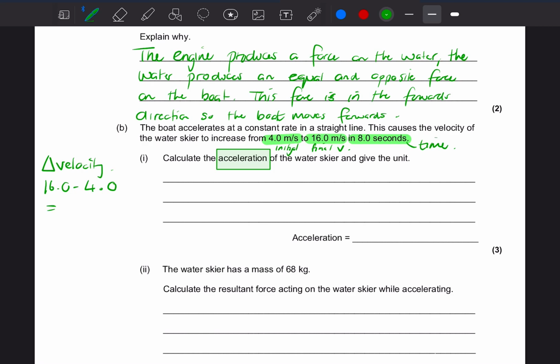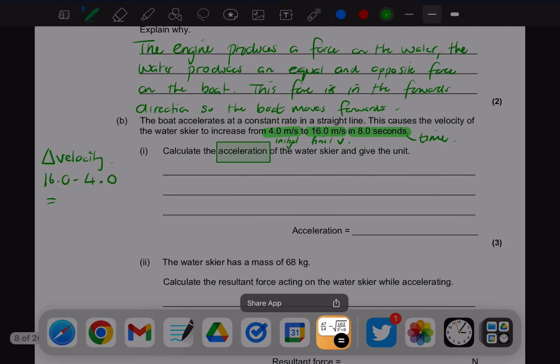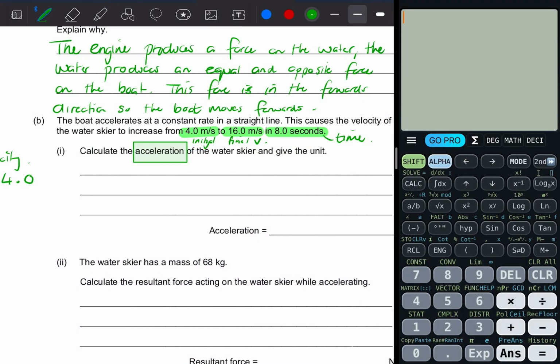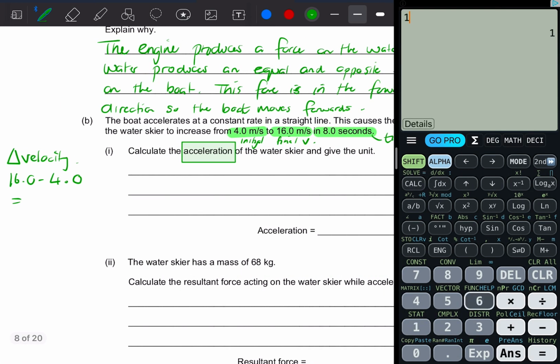Always use a calculator, even if it's dead easy. We should be able to do that in our heads, but let's not risk it in the exam. Let's not risk getting anything wrong. 16.0 minus 4.0 is 12. So we've got a change in velocity of 12.0 meters per second.